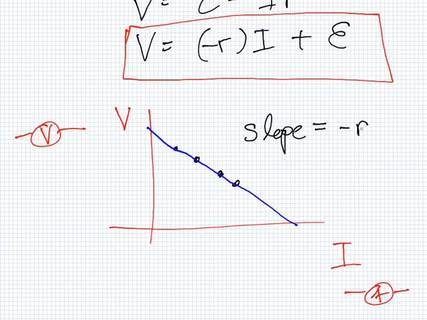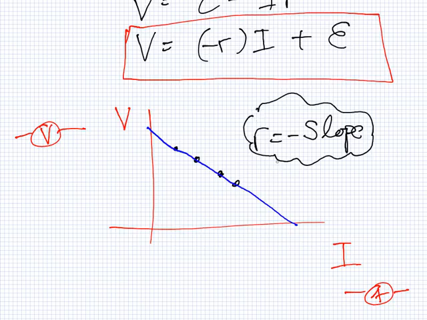Minus R. So you can get the result that R equals minus the slope. And what would the E equal? What's this called? This is called the intercept.